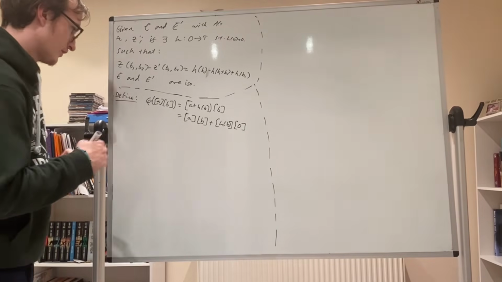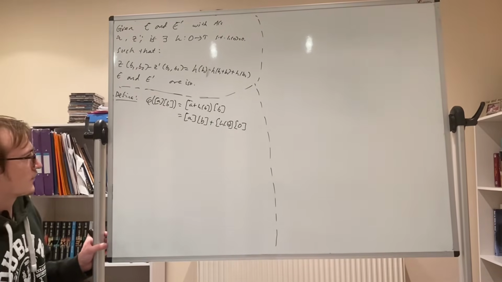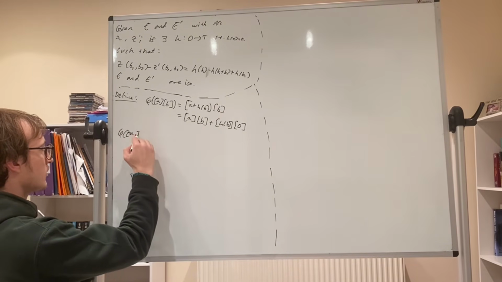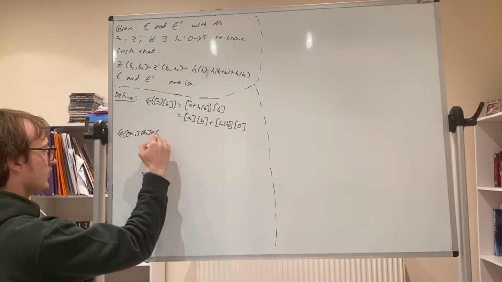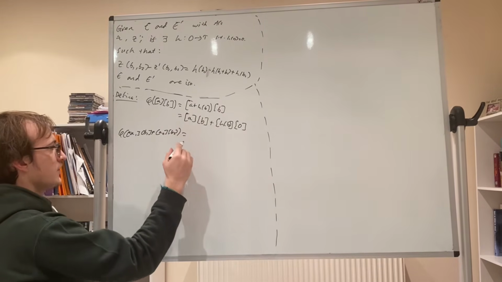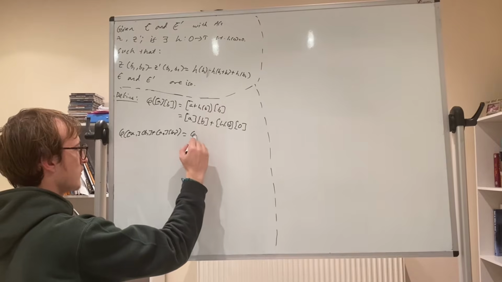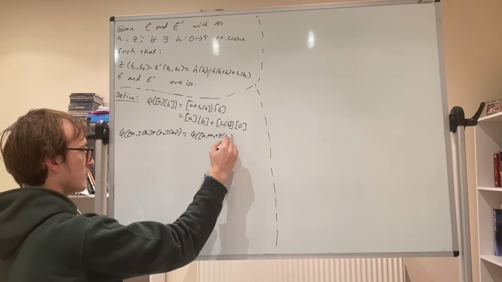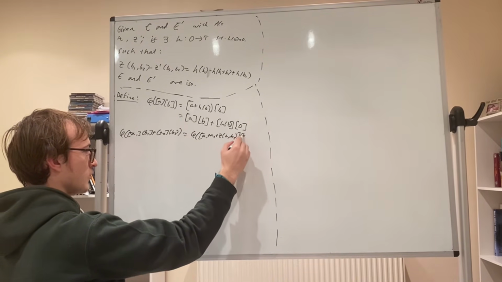So let's dive into this. First things first, what is phi of (A1, B1) plus (A2, B2)? Well, this is equal to phi of (A1 plus A2 plus Z of B1, B2, B1 plus B2).